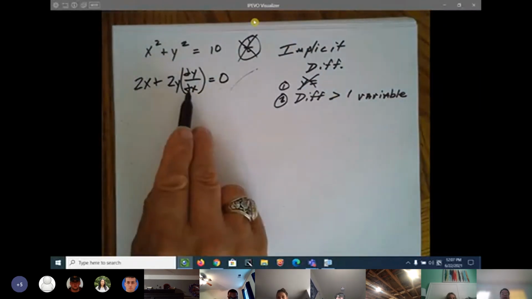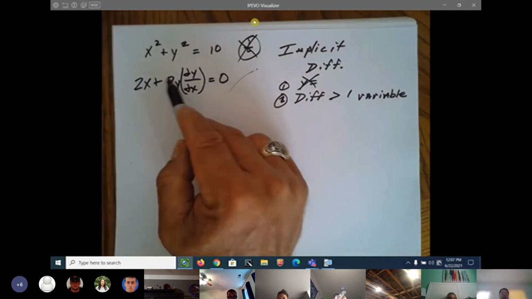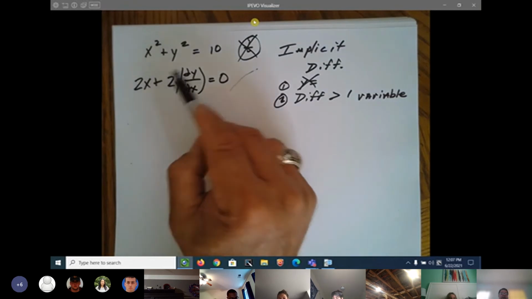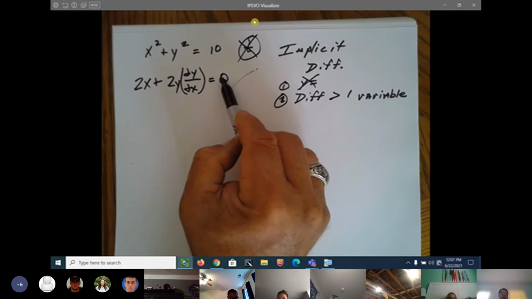Now see, this is the part that I changed to y prime, but when you've got t involved, you've got to change everything. That would be dx/dt, that would be dy/dt, and then that would be 0.